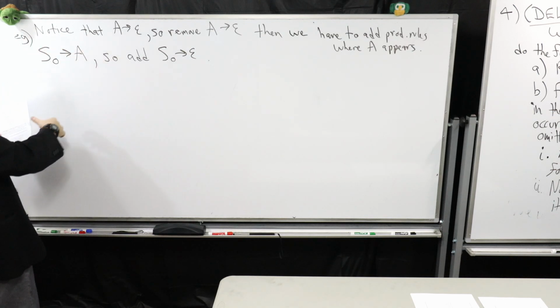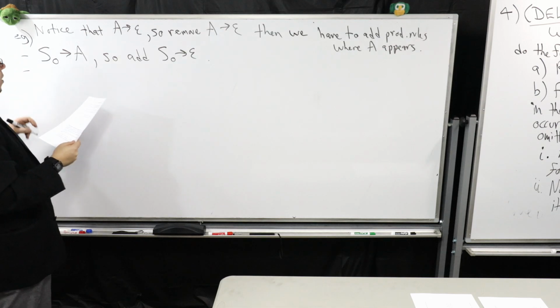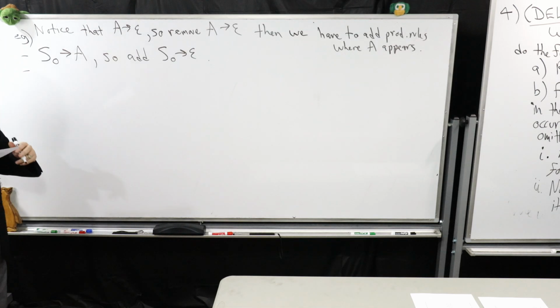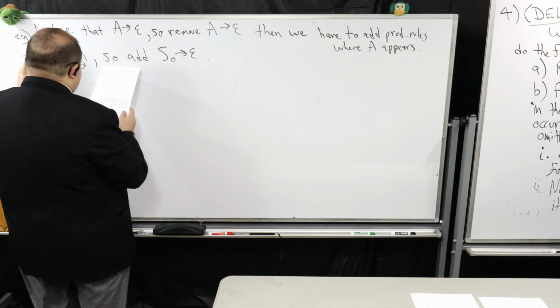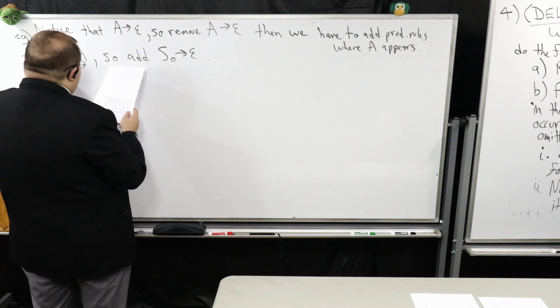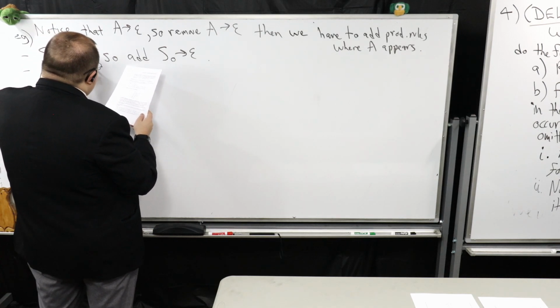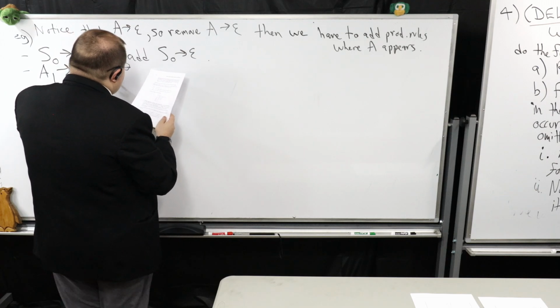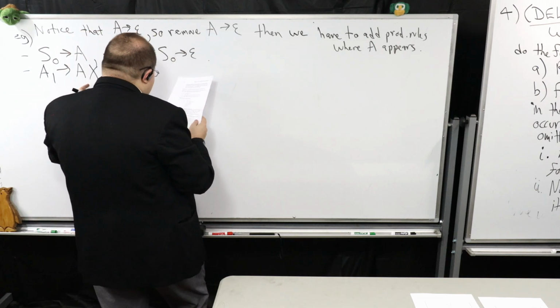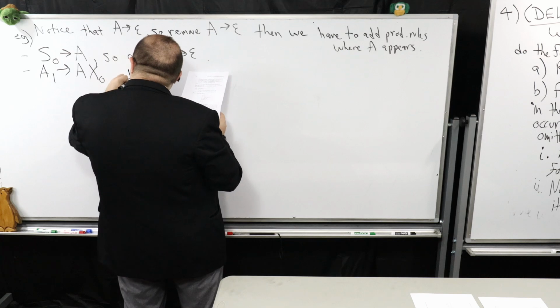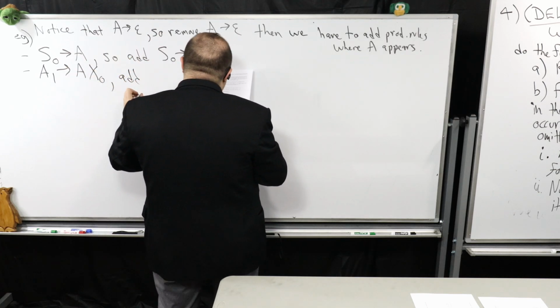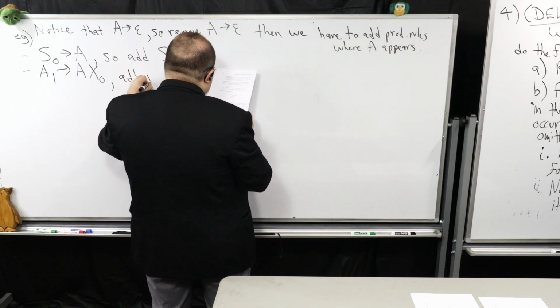I'm just adding this in. You might ask, Dan, why does this rule work? You'll see when I get to the example of why this will do the trick. So if I have A1 produces AX0, there's only one A here, right? So I just have to add in where I don't include the A. This is what you're going to run into very often.